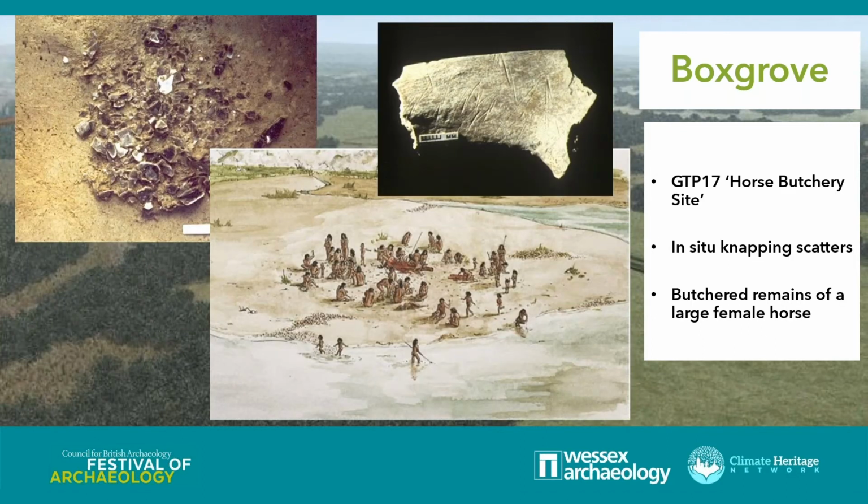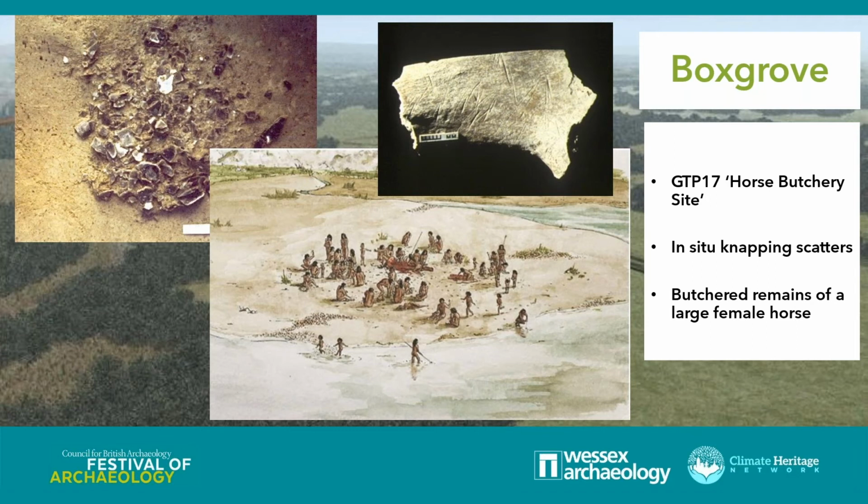An example of this is GTP 17, or the horse butchery site as it's known. Here you've got in situ knapping scatters, so well preserved that you can actually see how people were sitting, as in the case of the knapping scatter in the top left here. It's such a well preserved moment in time from 500,000 years ago.